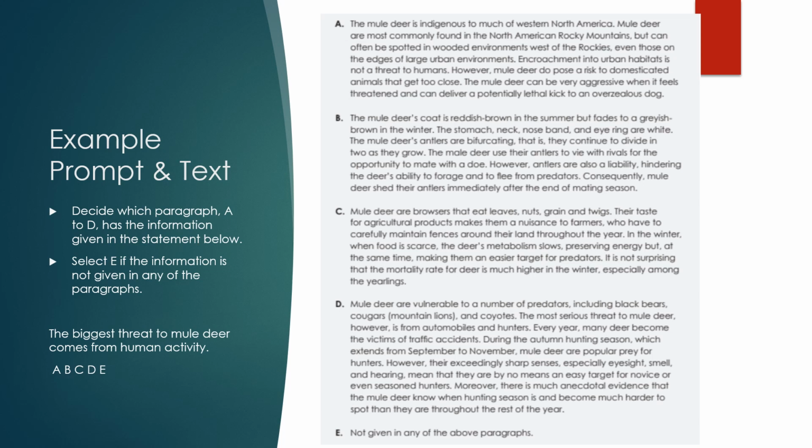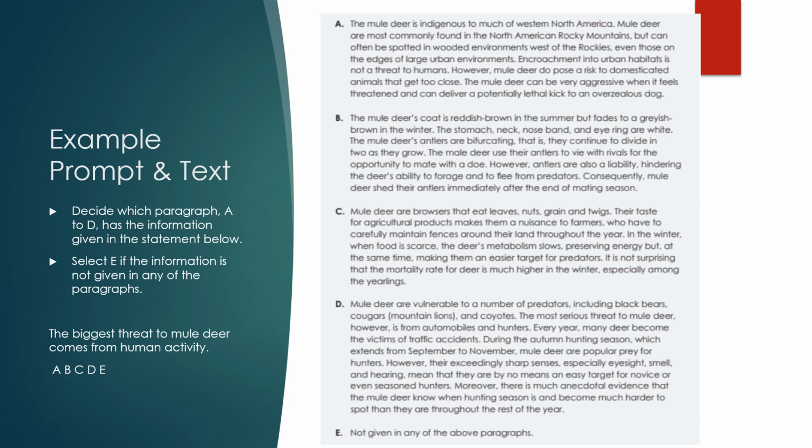Okay, this paragraph talks about what the mule deer likes to eat and how this relates to farmers and predators. You might find some mention of human activity, but keep in mind the paragraph does not talk about the threat to the animal. So this paragraph will also be eliminated.